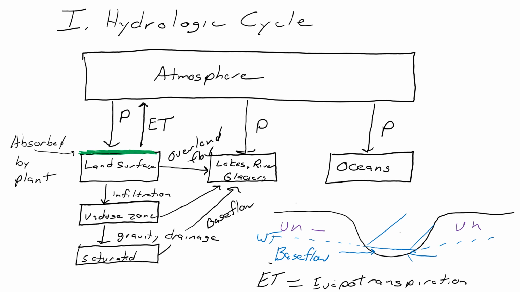Up here is the unsaturated zone. That water can also move into lakes, streams, and rivers very slow. And that's a process, we're not going to spend much time in this class on it because it's really small. It's something called interflow.